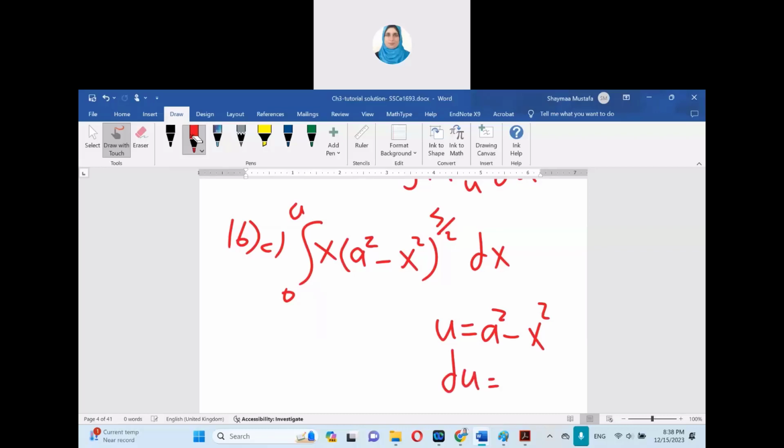Then du will be minus 2x dx. So minus 1 over 2 du, a squared will be u to the 5 over 2. Then this is a power function. We can continue to find the integration.